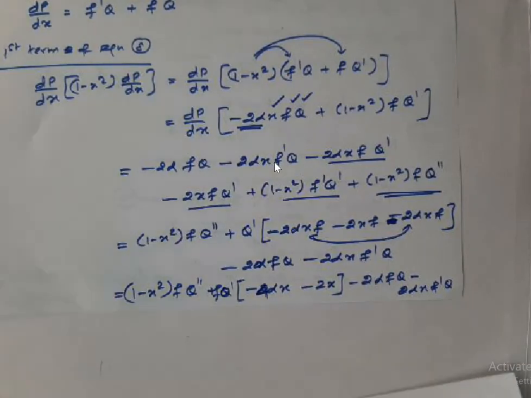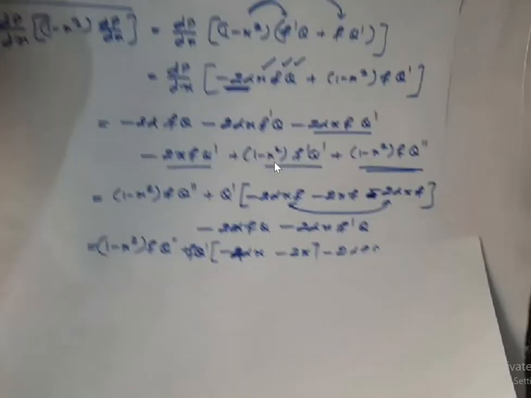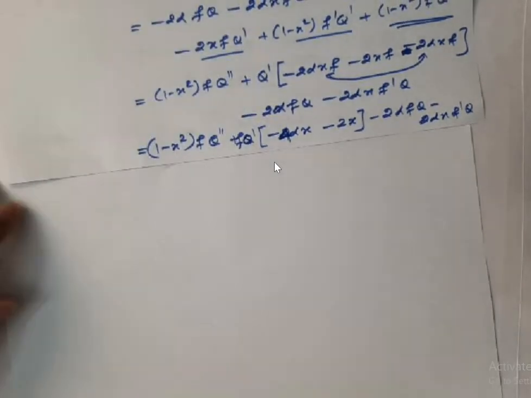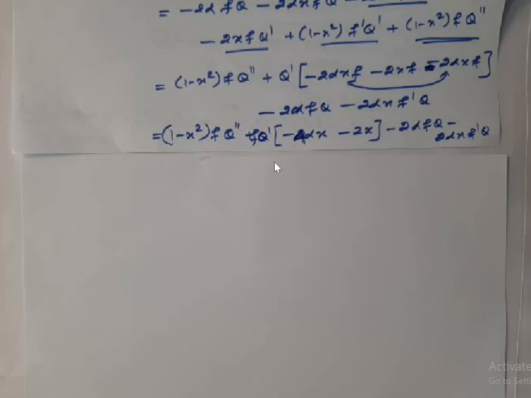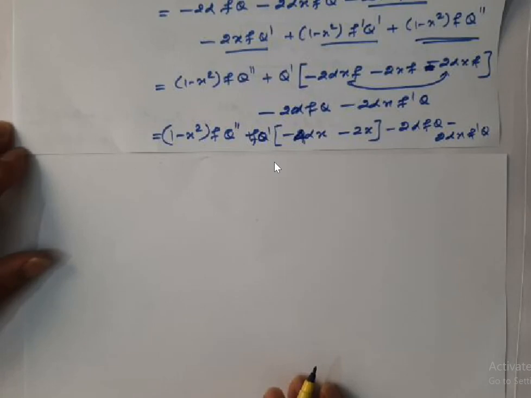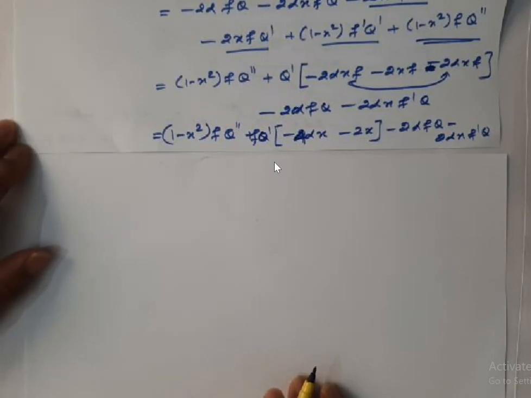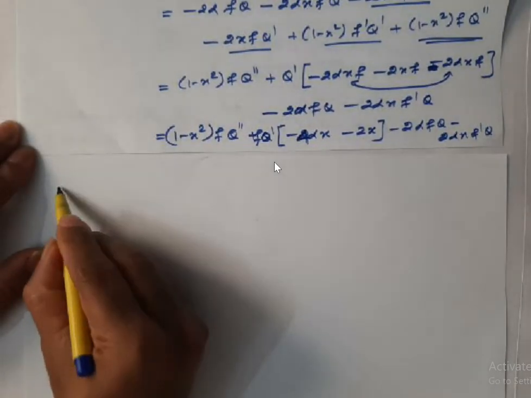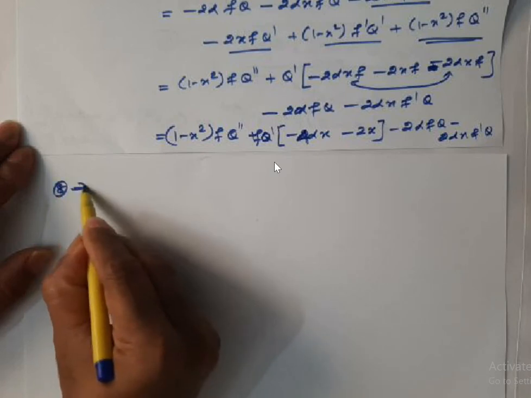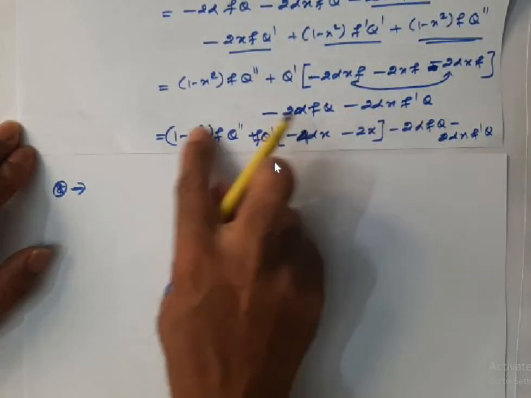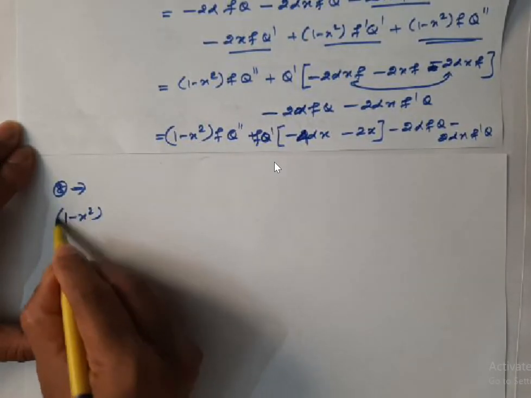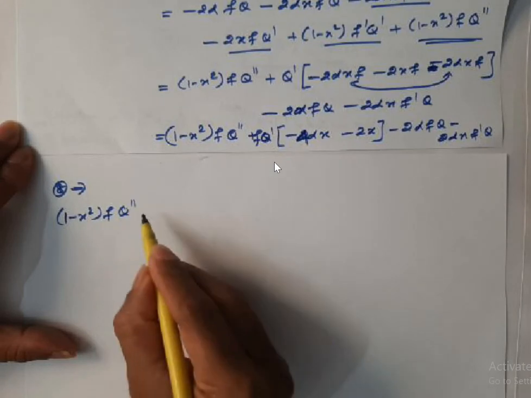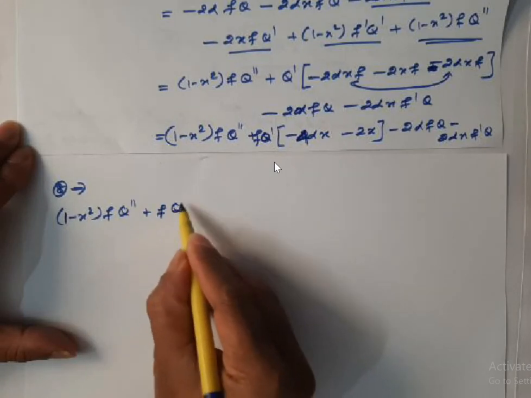So what I'm going to do, I'll take next page. Okay, now let me show how to simplify this further. See what I'm going to do, I'm going to substitute this in equation number 8. So what is equation number 8 now? Instead of this first term, I'm going to introduce this, which is 1 minus x square into f q double dash plus f into q dash.